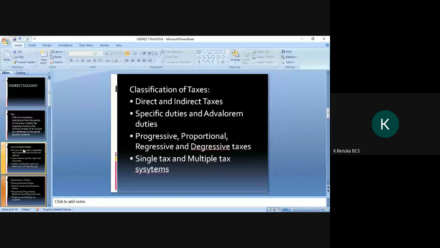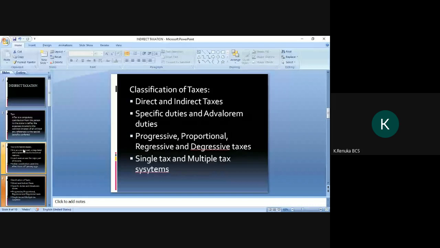Next are specific duties and ad valorem duties. Specific duties are levied on the basis of physical attributes like length, weight, volume, etc. For example, we have duty on cloth based on length in meters.